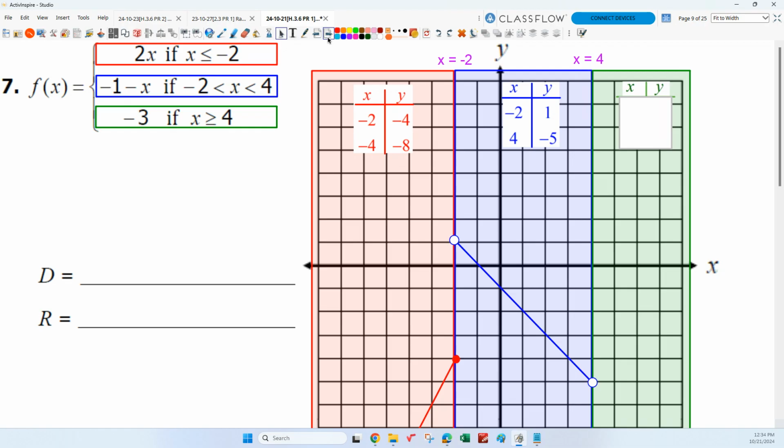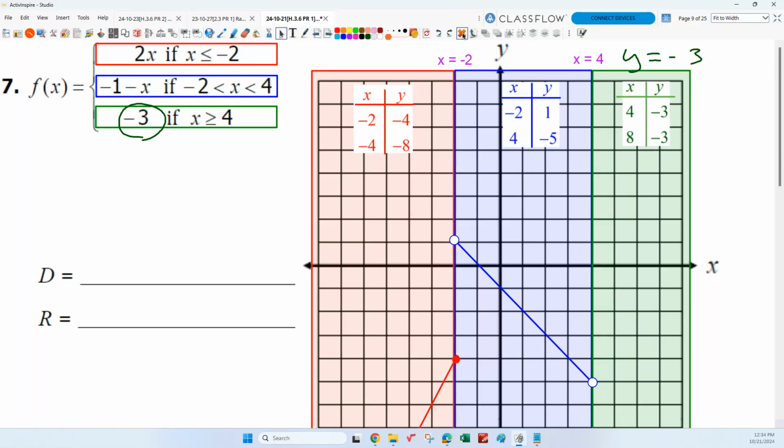Okay. And then finally, now I've got the green region I've got to do. That's everything greater than or equal to 4. This is a pretty easy piece to graph, right? The green equation is just y equals negative 3. What's that look like? That's a line. Show me with your arm what y equals negative 3 looks like. Yeah, it's just a horizontal line where all the y coordinates are negative 3. So do you even really need to pick points this time? Probably not. But we will, just so we're consistent with the way we've been doing this.